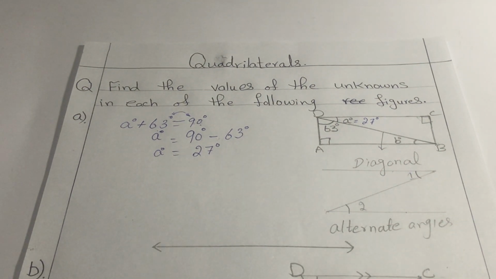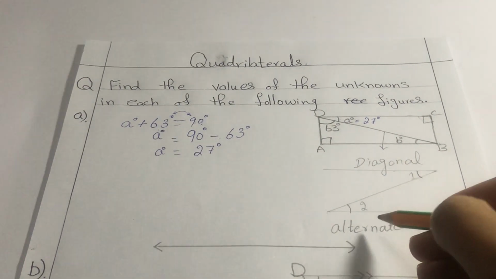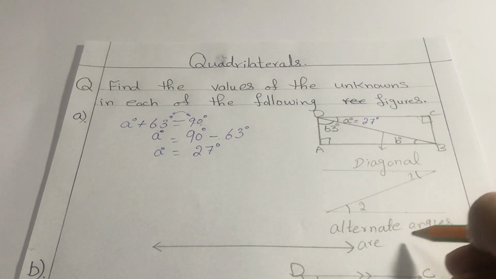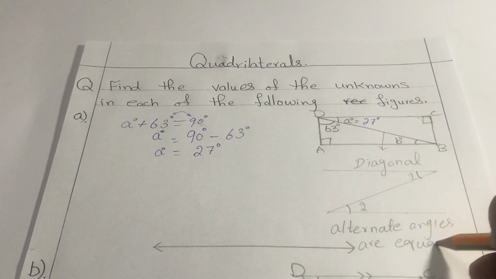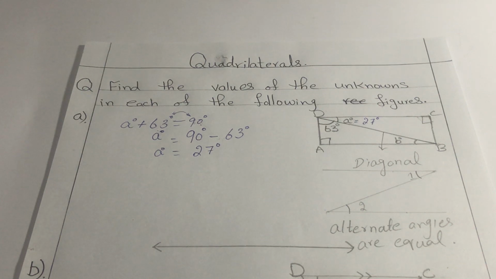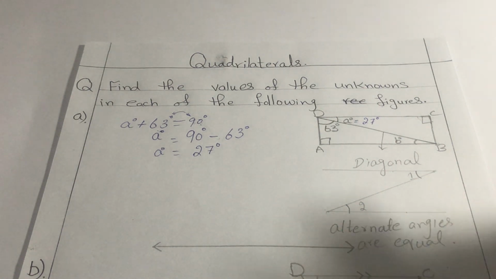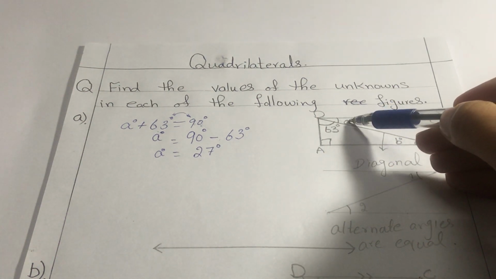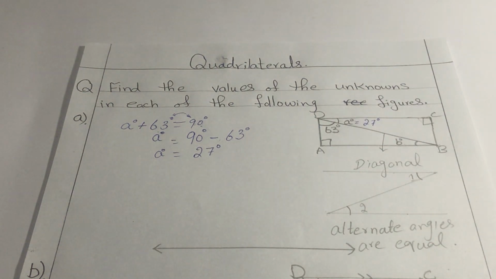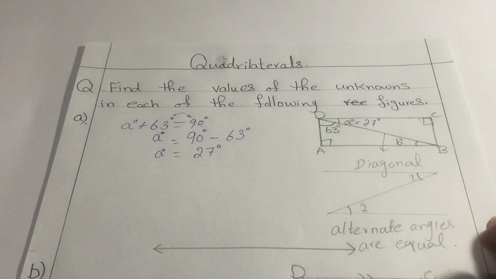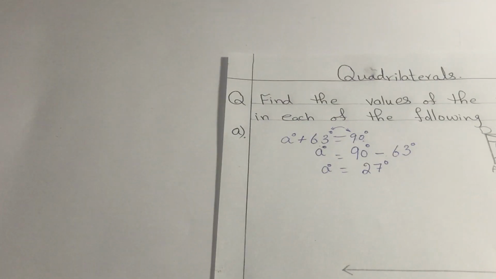And students, alternate angles are equal, always equal. Alternate angles are always equal. Now you can see A and B degrees, both are alternate angles. So B degrees would be equal to A degrees.